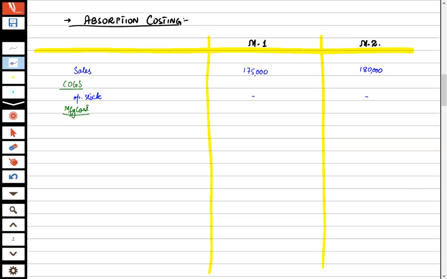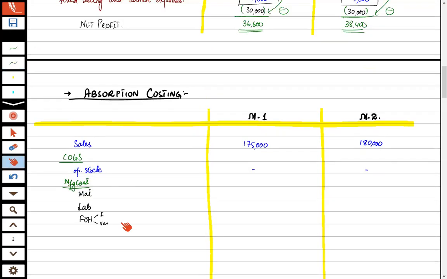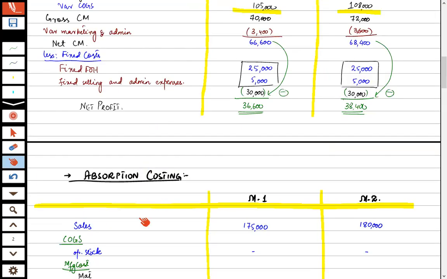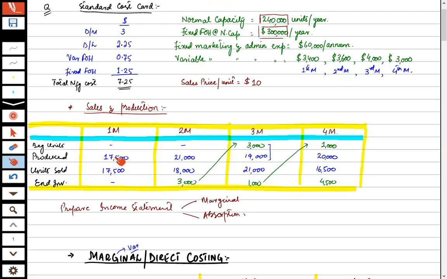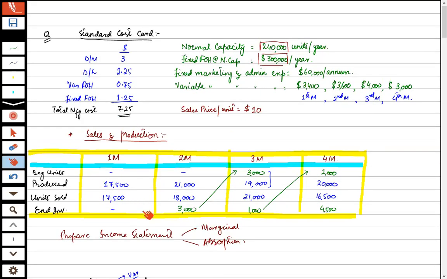So no need to write variable manufacturing cost. So manufacturing cost would comprise what? Material, labor, FOH, and this FOH would be fixed plus variable. One thing we can do is show them separately, or as a combined figure, that is 17,500 multiplied by 7.25.